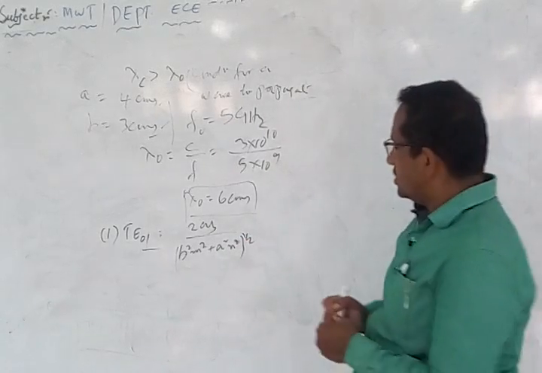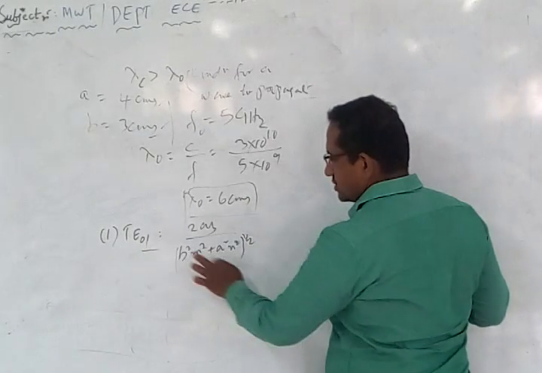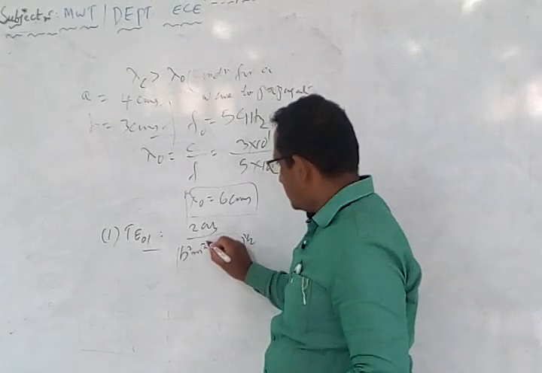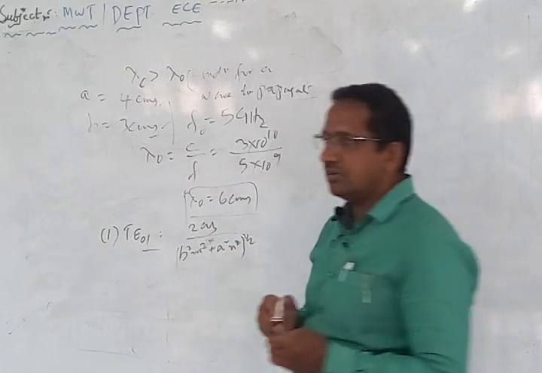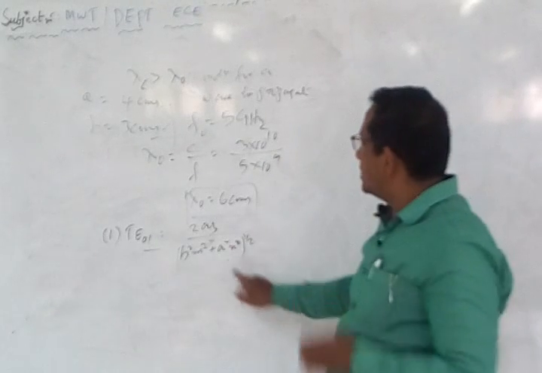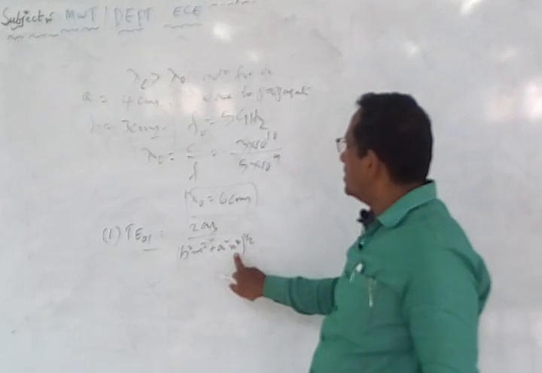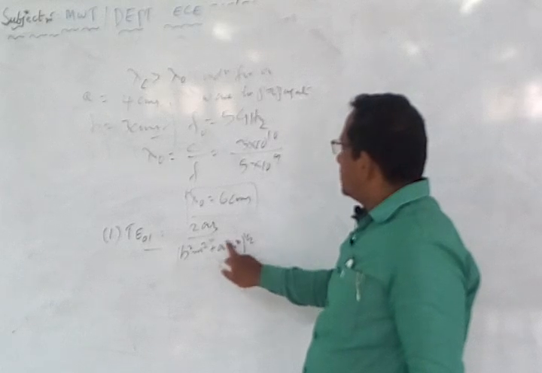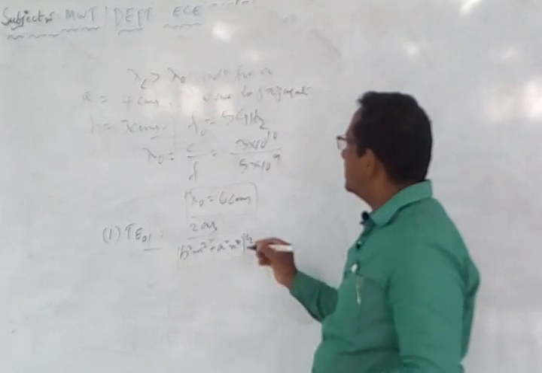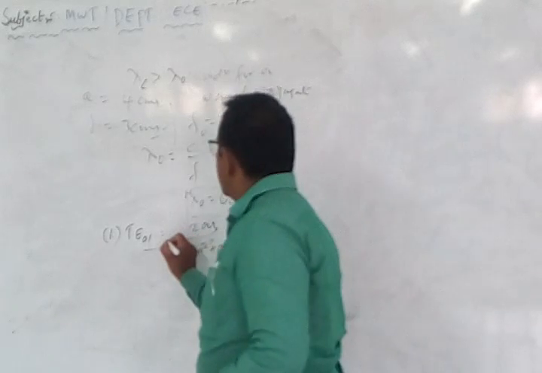For the TE01 mode, M is 0 and N is 1. So the M term is eliminated, and we are left with only A squared under the root, and A gets cancelled.